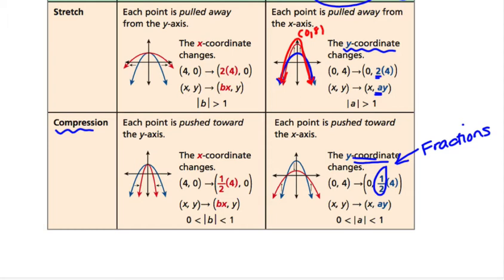So again, you have this blue original graph, and you're going to compress it. It's going to shrink down, compressing it. So that number would then be at 0, 1/2 times 4 is 0, 2. So here would be your new point, 0, 2, and your new graph. It's pushing it towards the x-axis.